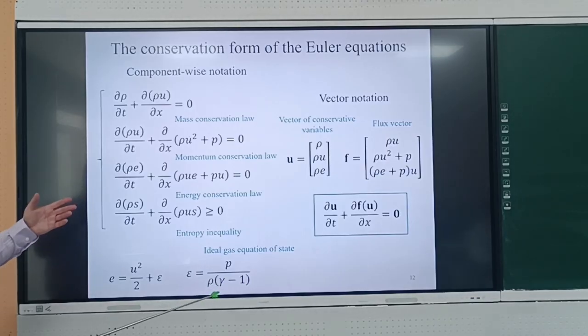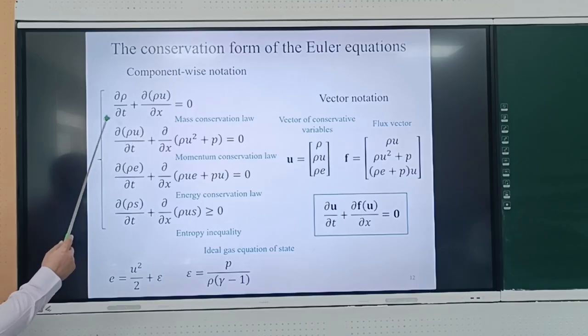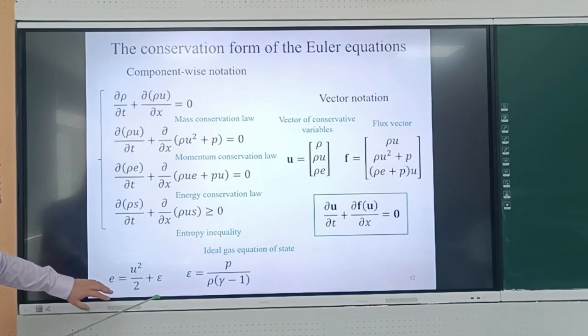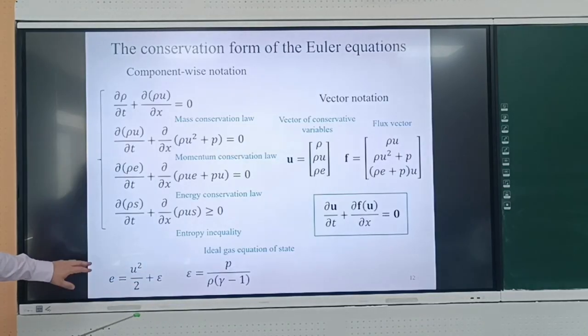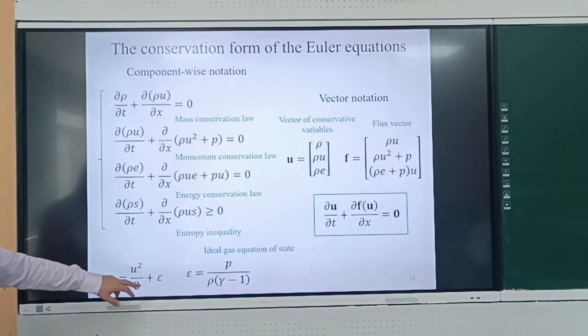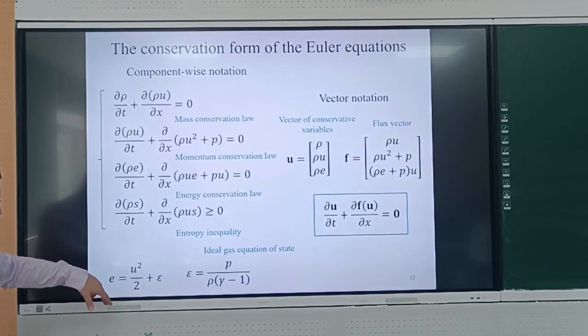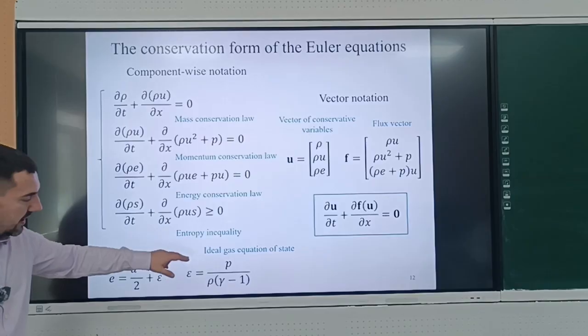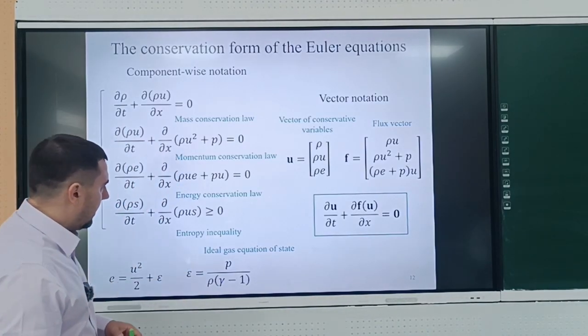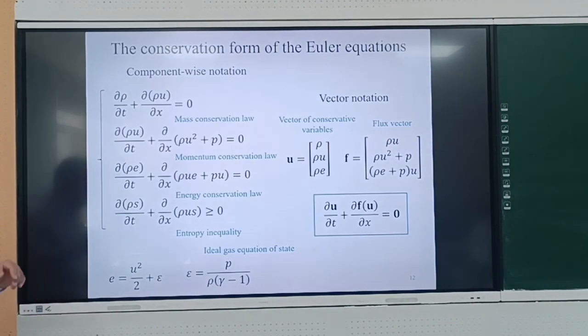The component-wise notation means that we write each equation separately, and it should be closed by some equation of state. We have an expression for E, the total energy per unit mass, with a kinetic term and an internal energy term, and we should choose somehow the expression for internal energy, for example, the ideal gas equation of state.